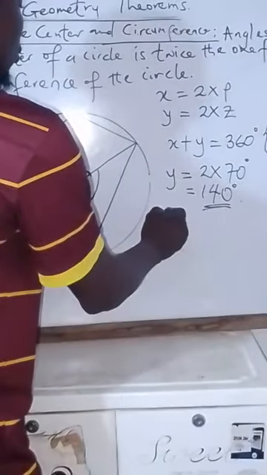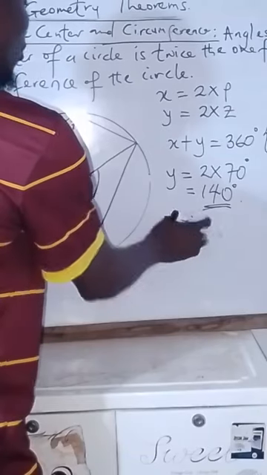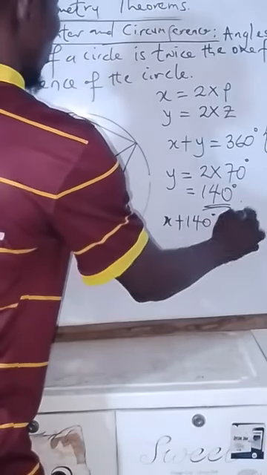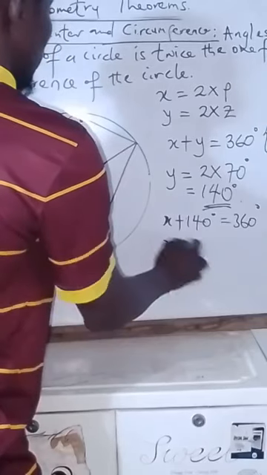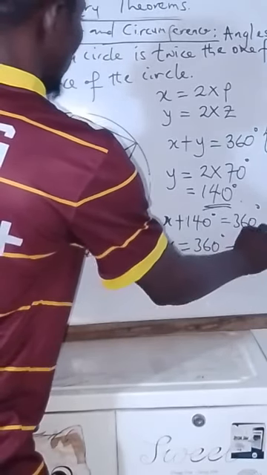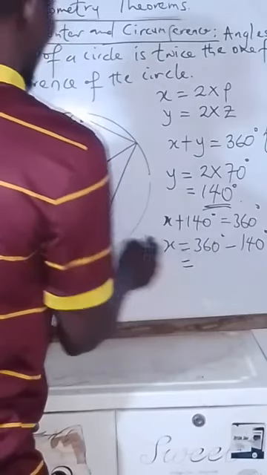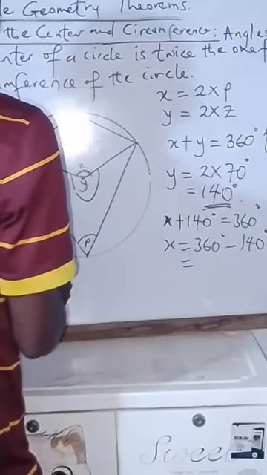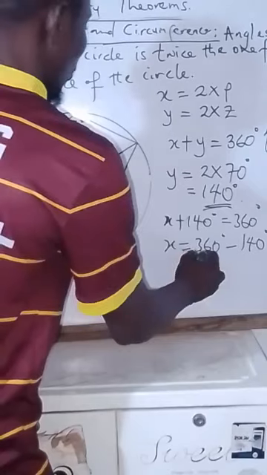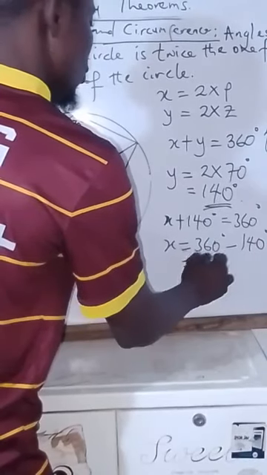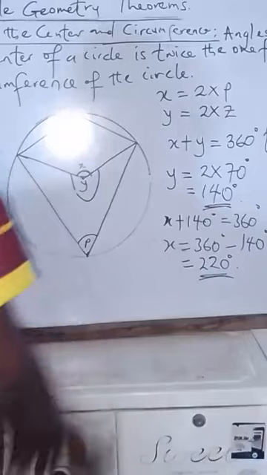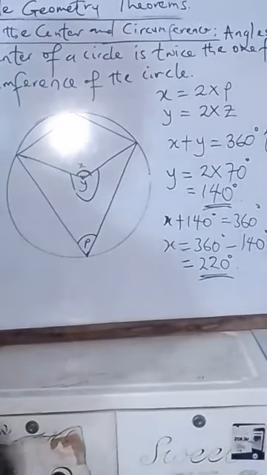So x plus 140 must be equal to 360 degrees. X is equal to 360 degrees minus 140 degrees. X is equal to 220 degrees.